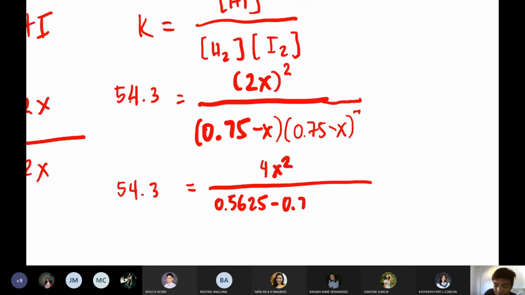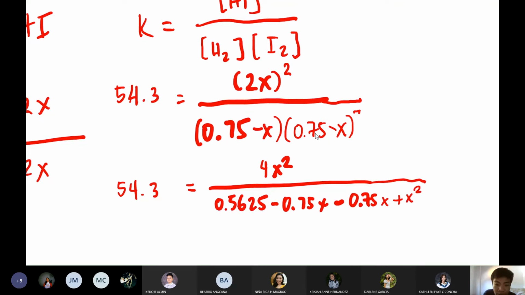That will be 0.75 minus 0.75x. Okay, the inner terms will also be the same. And then lastly, the last terms, okay, will be negative x times negative x. That will be positive x squared.